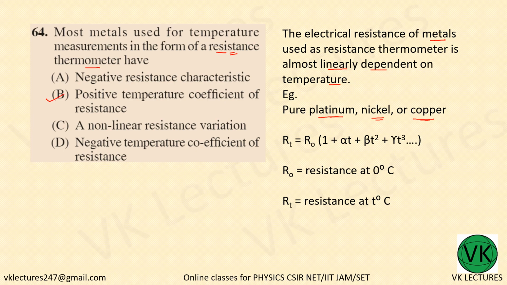This resistance as a function of temperature is given by RT is equal to R naught into 1 plus alpha T plus beta T square plus gamma T cube, etc. Now this linearly depends on temperature. Now R naught is resistance at 0 degrees Celsius and RT is the resistance at T.